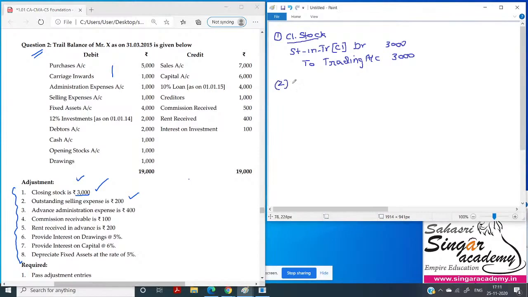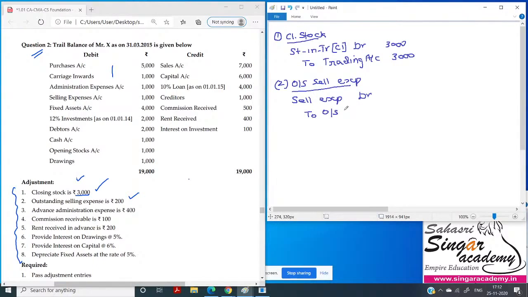So the second journal entry is outstanding selling expenses. For that, selling expenses account debit, and to, if we had paid, then it would be to bank or cash, but as it's still pending, I'm going to consider the party's name here. The party's name here is outstanding selling expenses.